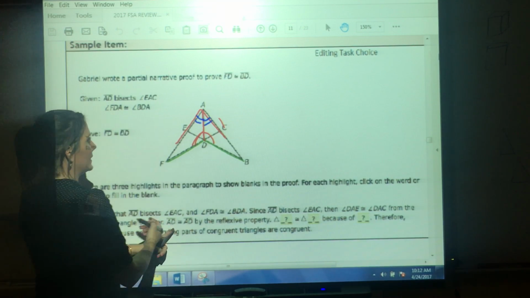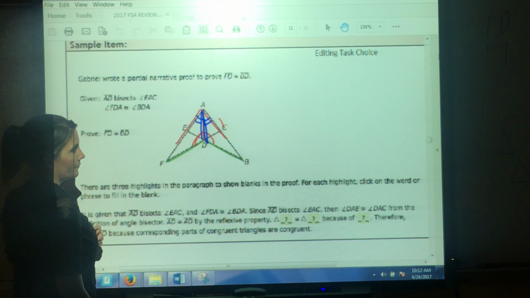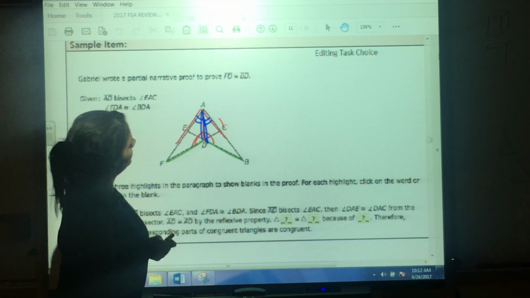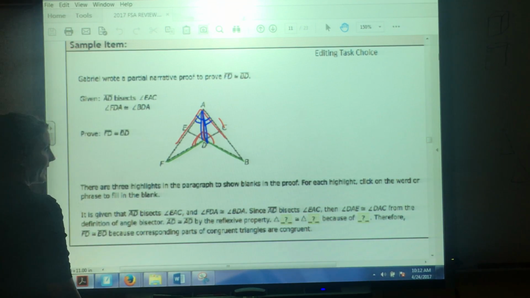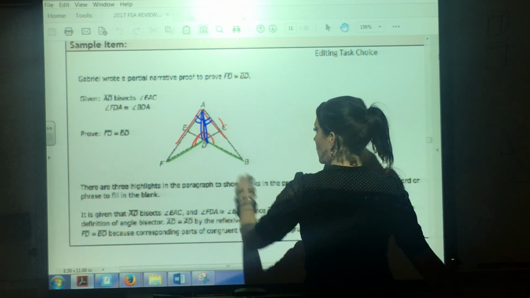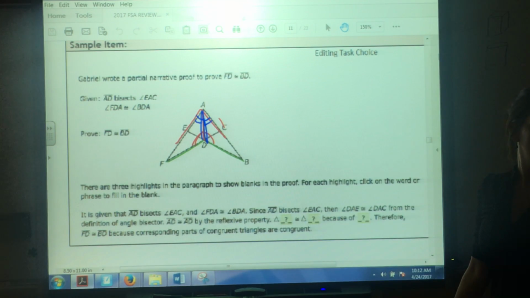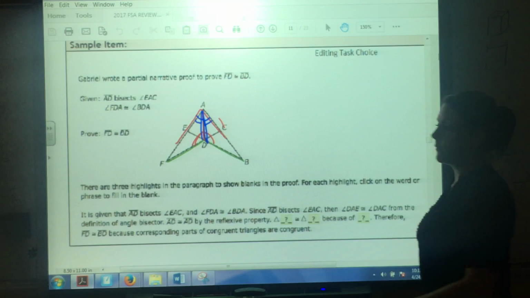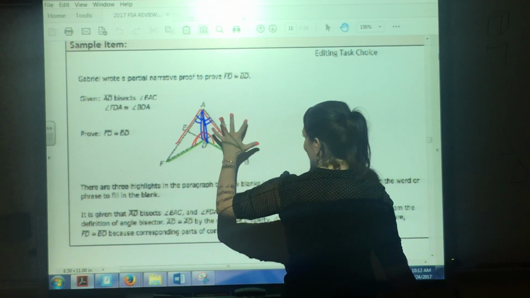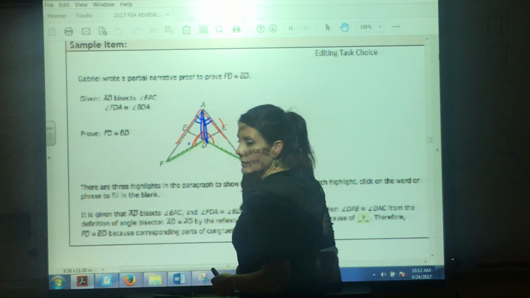From there, he says AD is congruent to AD. What do we call that? Reflexive property. Right away, we can say that this triangle is congruent to this triangle. Remember, our ultimate goal is to show that this is congruent to this.